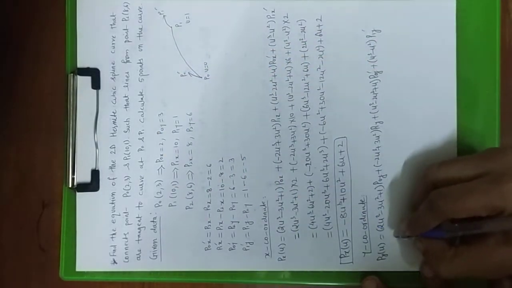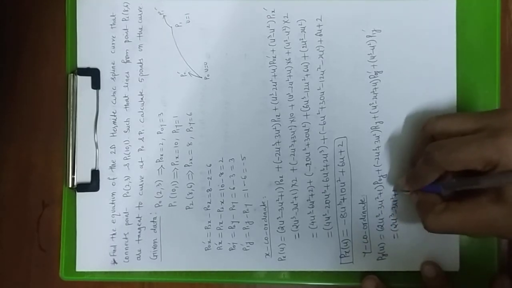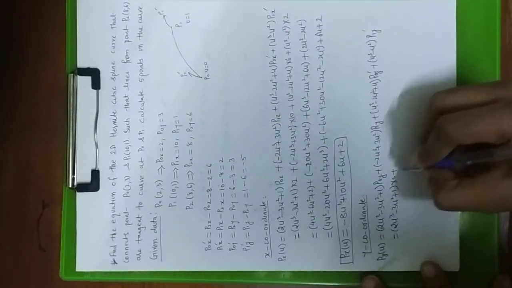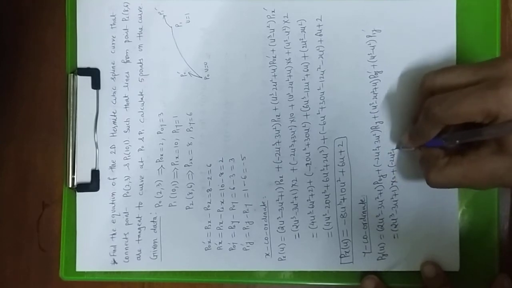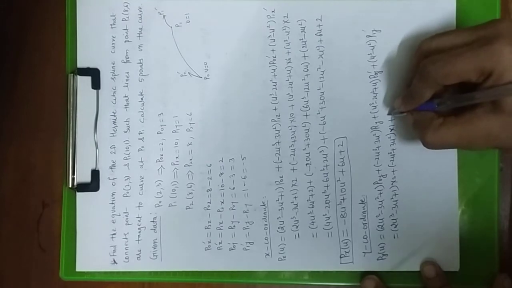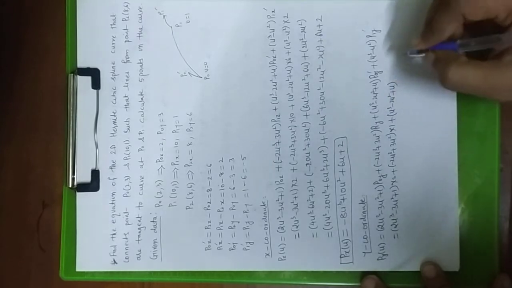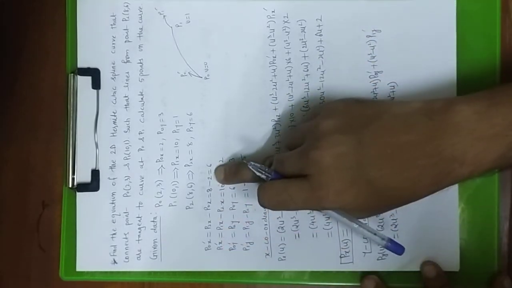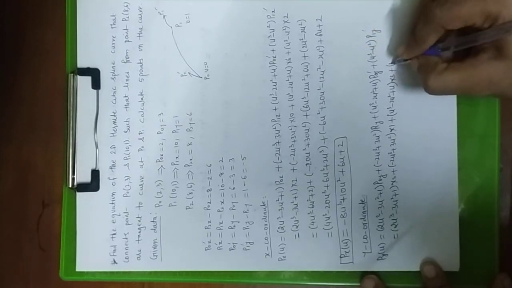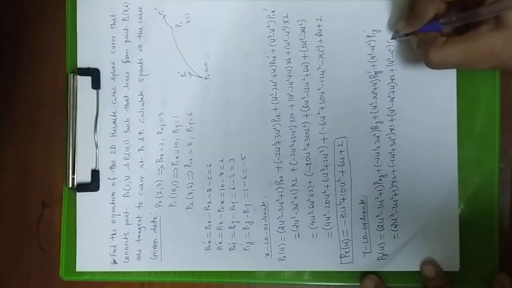So I'll get (2u cube minus 3u square plus 1) times P0y, which is 3, plus (minus 2u cube plus 3u square) times 1, plus (u cube minus 2u square plus u) times P0y dash, which is 3, plus (u cube minus u square) times P1y dash, which is minus 5.